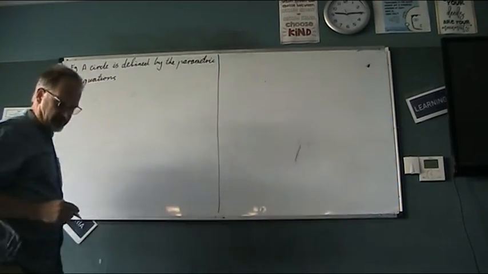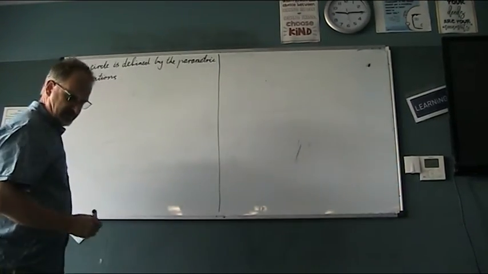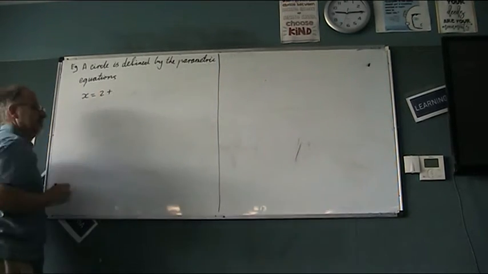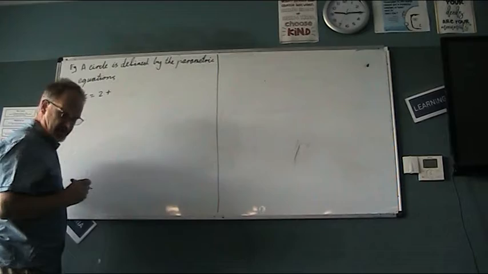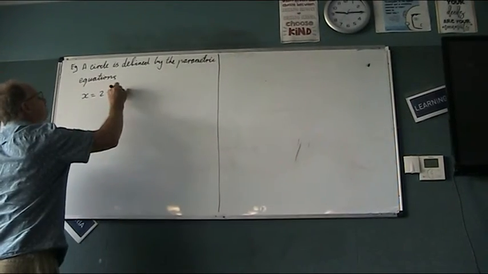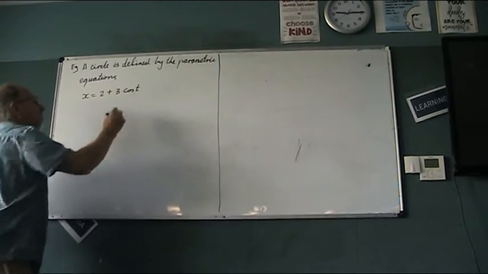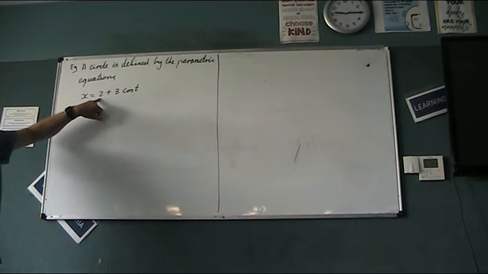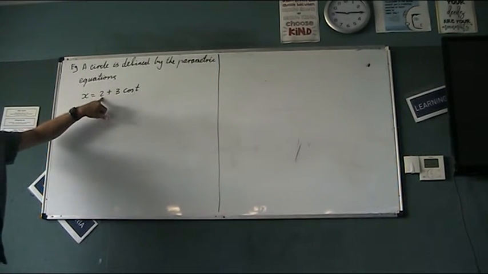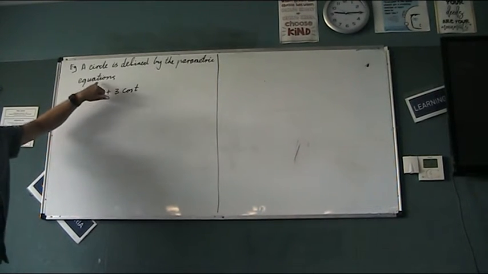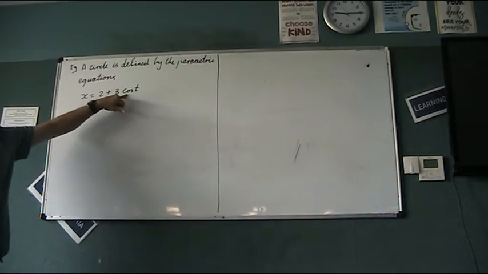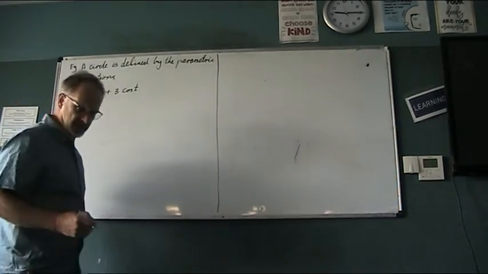So these parametric equations in this example have an extra element to them that I didn't have in the basic one. Here now I've got a 2, so all that indicates is that rather than the centre being at the origin, the centre's going to be somewhere else. The radius is 3. And then we're linked to time from the angle.